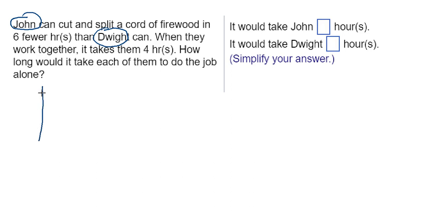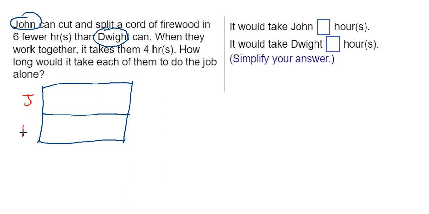So let's draw a table. Because the formula will apply to 2 things, we'll make 2 rows. I'll just use their first initial here: John and Dwight. So we'll have a row for John and a row for Dwight. And we'll make a column for each variable in the formula, so we build the formula into the table.